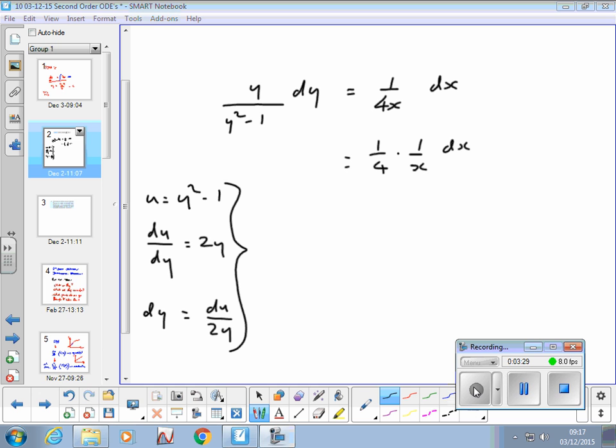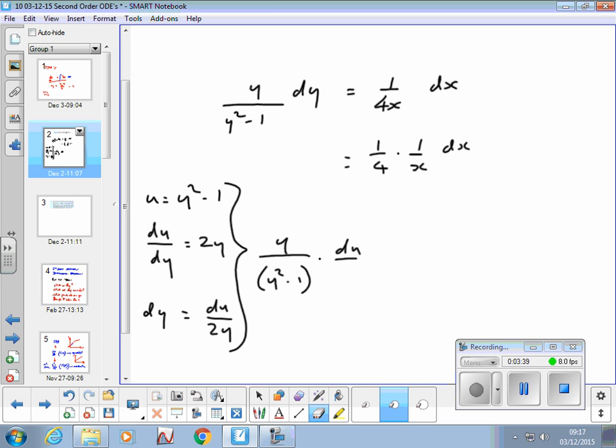So on the left hand side I'm going to get y over y squared minus 1 du over 2y equals a quarter 1 over x dx. So now I just integrate both sides.